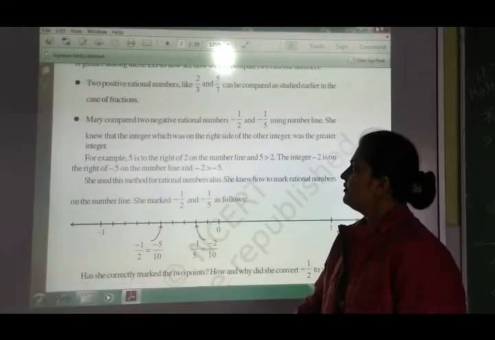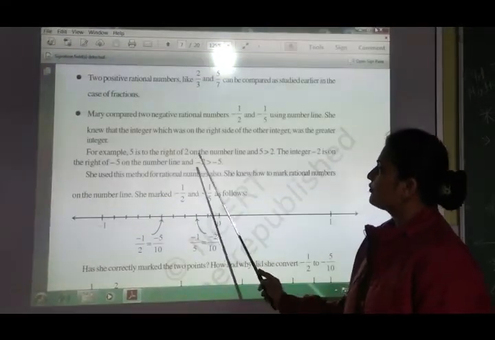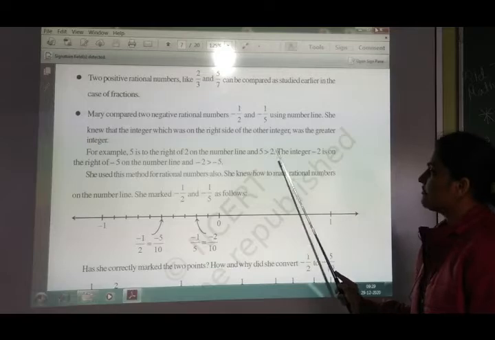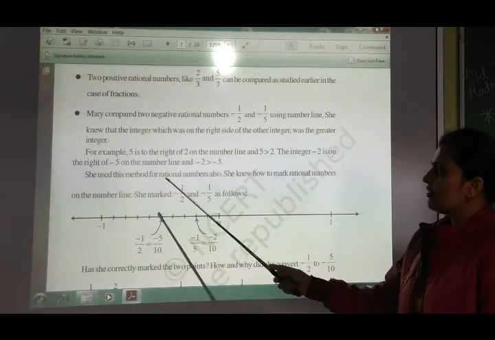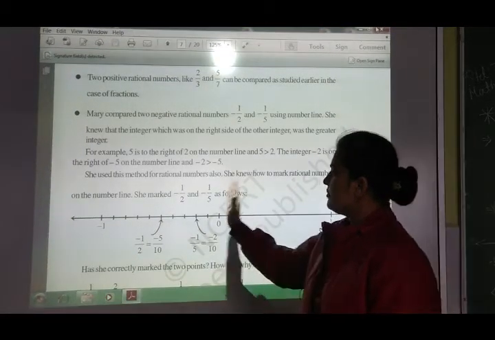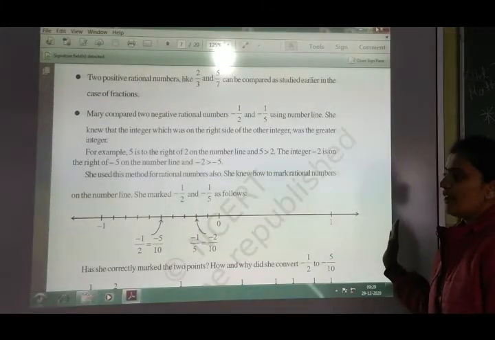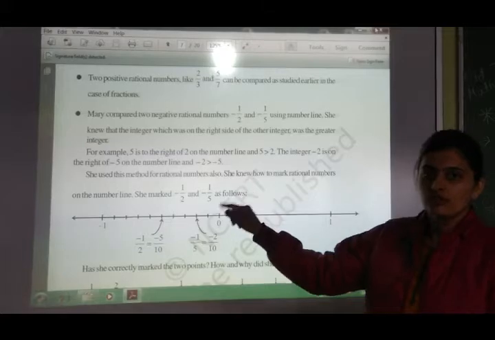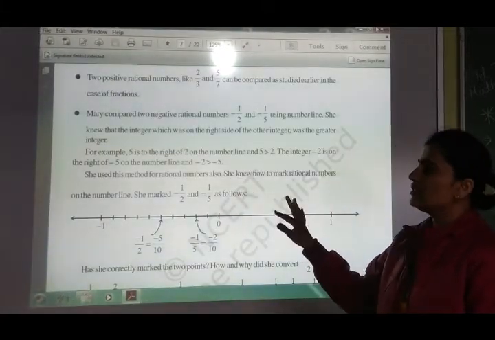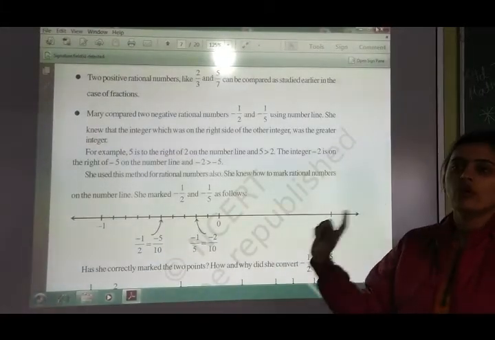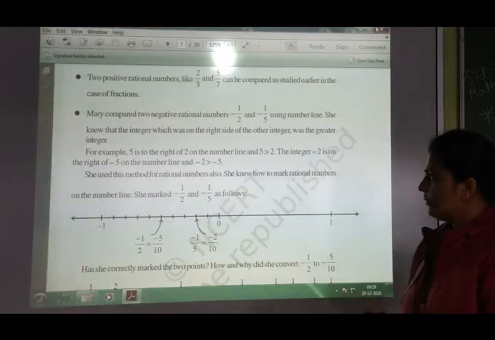For example, 5 is to the right of 2 on the number line and 5 is greater than 2. On the number line it is 0, after that 1, 2, 3, 4 and 5. That means 2 is before 5, on the left side. That means 2 is smaller than 5 on the number line.